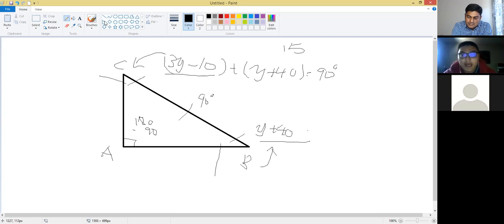Do you know why for this one? Because the triangle is 90 degrees. Yes, 90 degrees left for a right triangle. Okay, then we can see. How many y do we have? 4y. And minus 10 plus 40, which is plus 30, equal to 90. Therefore, y equals 15. That's how you get 15.